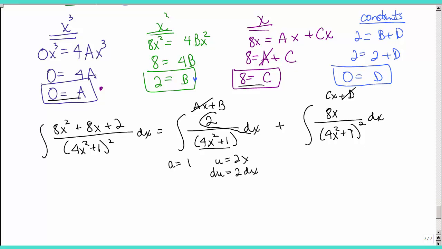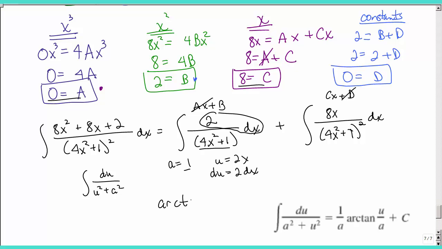Well, that's kind of nice. So I have it in the form of du over u squared plus a squared. That's just arctan. And arctan is 1 over a, so 1 over 1, times arctan of u over a, so that's just 2x.